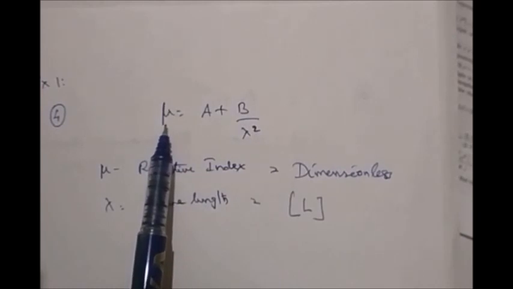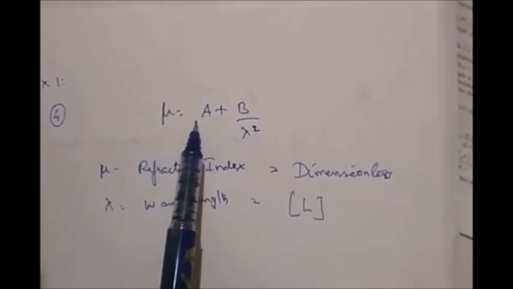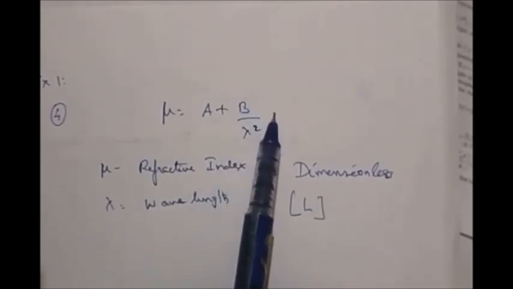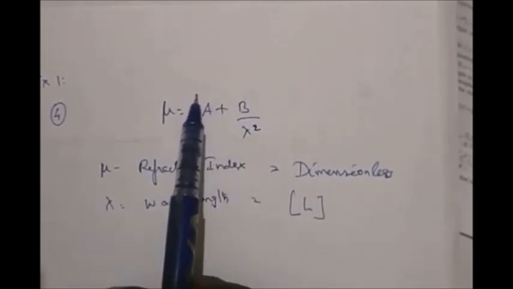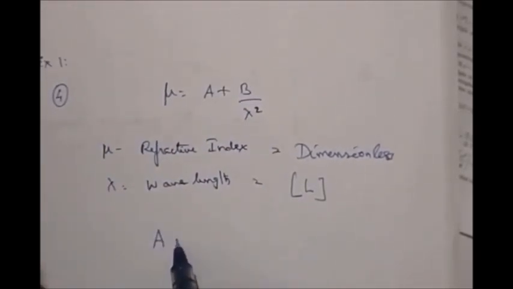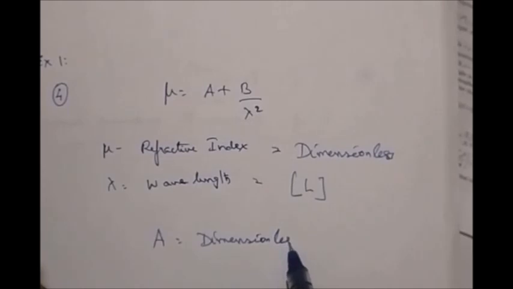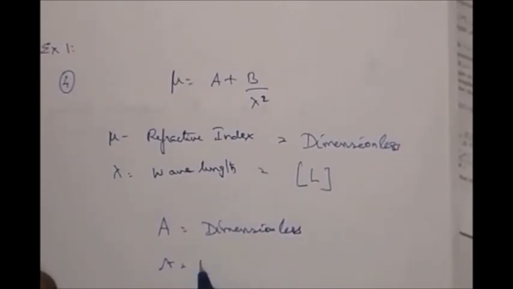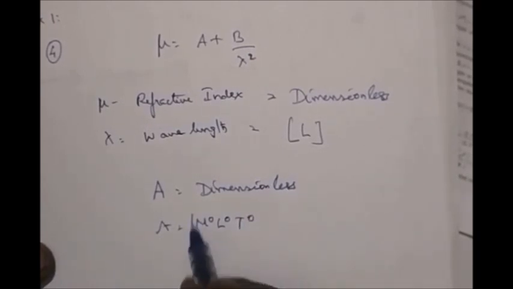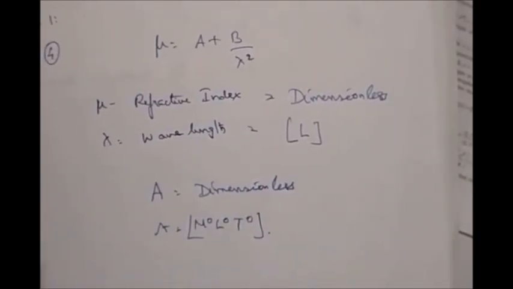This should be dimensionless, which means a should be dimensionless, plus another dimensionless quantity, added together giving a dimensionless quantity. So the first conclusion is a should be dimensionless. So a equal to M0 L0 T0. This is the formula for a.